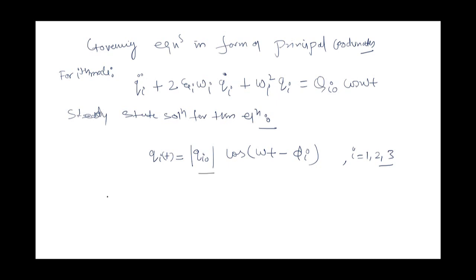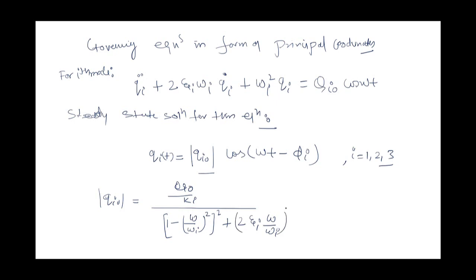So the amplitude can be written as Qi naught over Ki, divided by the square root of the whole term: 1 minus (omega over omega i) whole square, plus (2 zeta i omega over omega i) whole square.